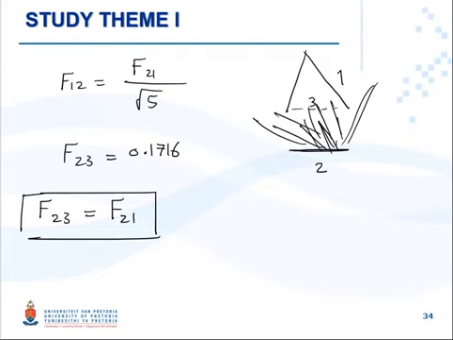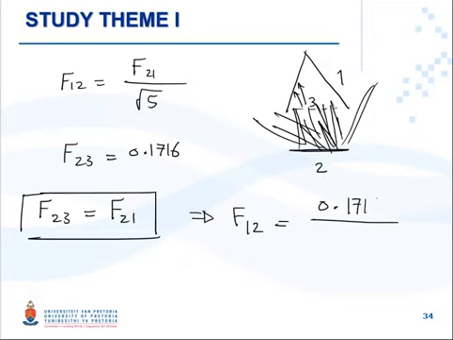All the rays of radiation that go through the gate of 3 finally strike surface 1. That's why the view factor of 2 to 3 is the same as the view factor of 2 to 1. So now it's easy. F12 is equal to 0.1716 divided by radical 5, which is 0.0767.